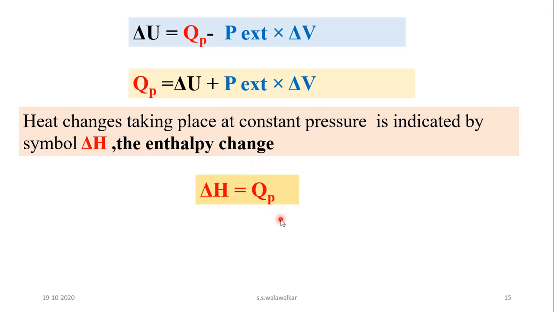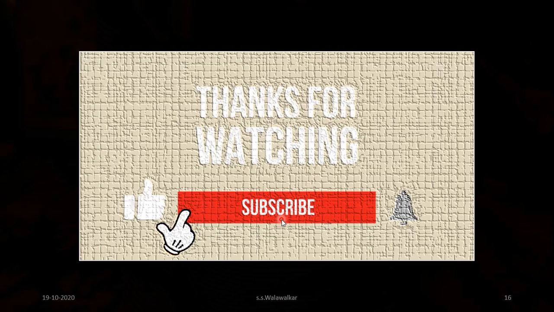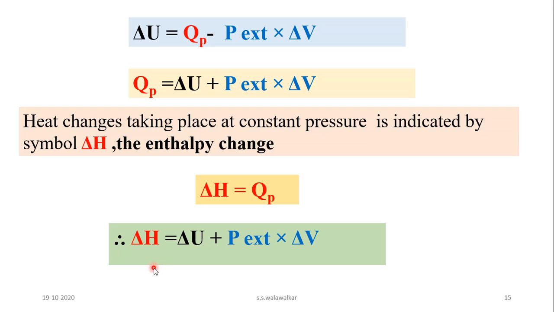And delta H is equal to delta U plus P external into delta V, where delta V means change in volume, P external means pressure, and P external into delta V means work done. So change in enthalpy is equal to delta U plus P external into delta V, that is equal to W. So delta H is equal to delta U plus W.